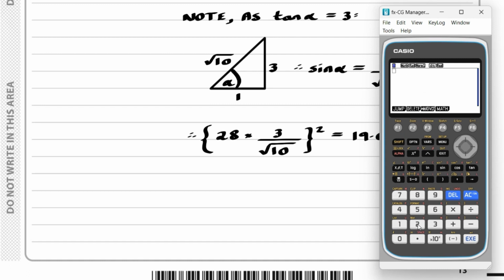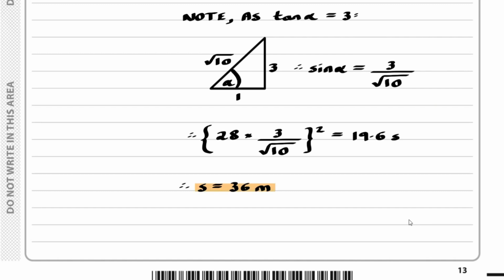We have 28 multiplied by 3 over the square root of 10. Then we square this and divide by 19.6, and it turns out then s is equal to 36 meters, which is the greatest height.